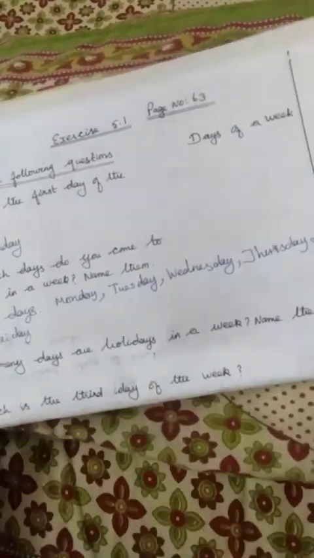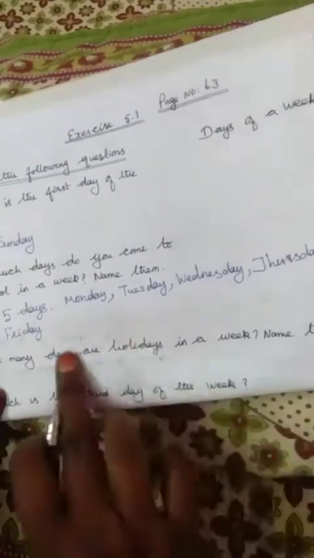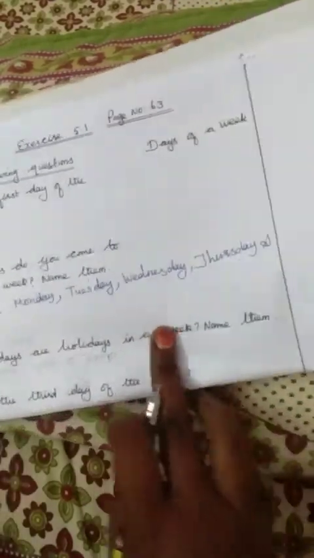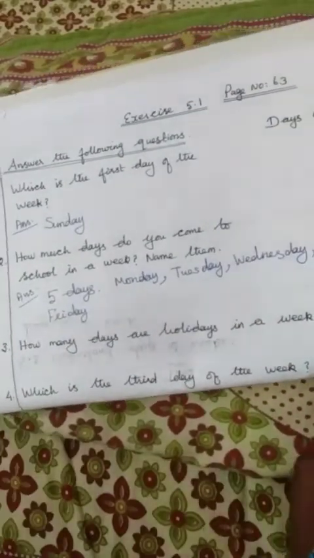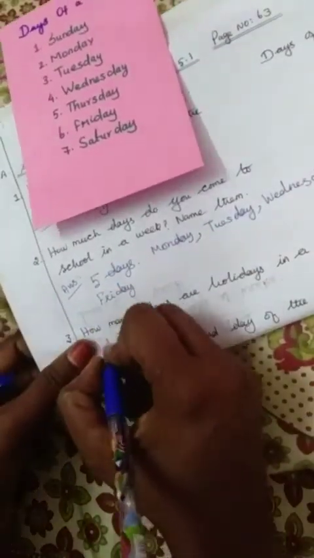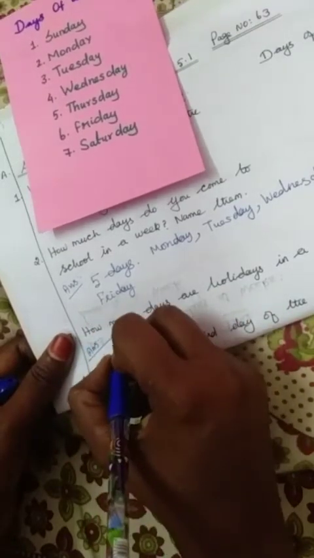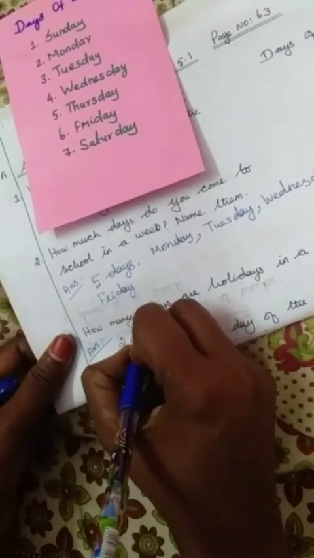Okay, the next question. How many days are holidays in a week? Name them. So holidays, how many days? Sunday and Saturday. 2 days are holidays for you. So the answer: 2 days.